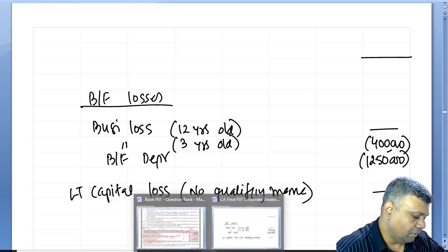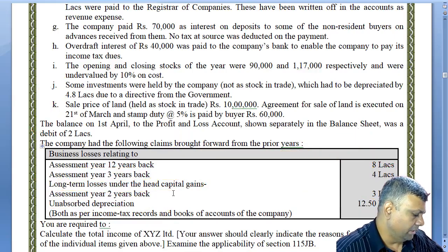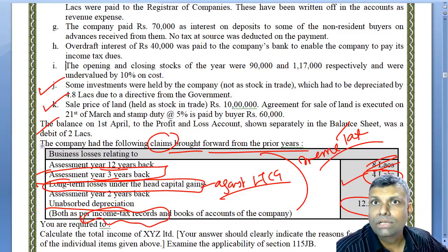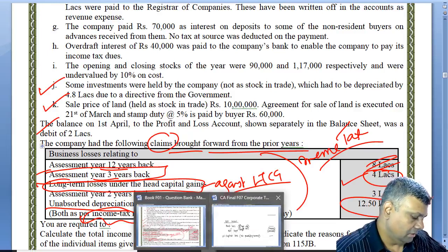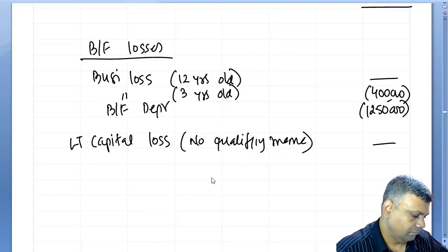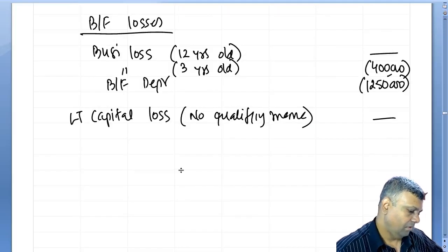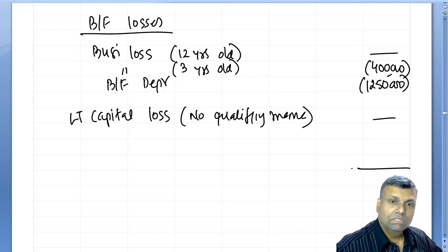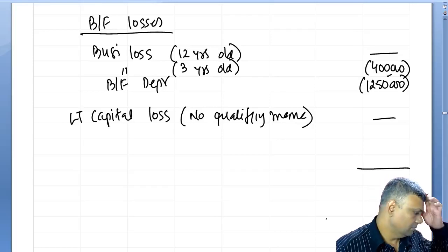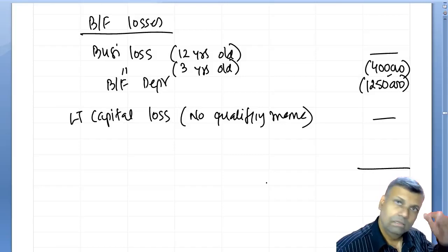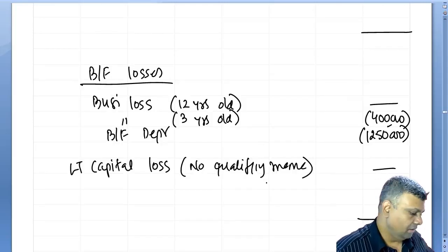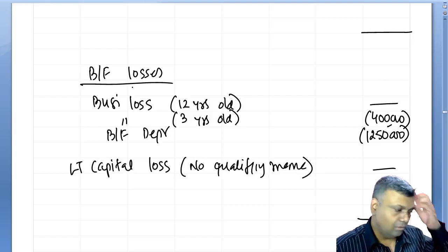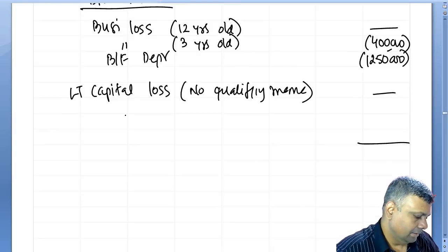Let me just check, I just forgot, friends. Is this long term printed? Long-term losses have been printed. So a long-term loss can be matched only against long-term income. So that is gone. Okay, so this is a total. Use your calculator, come on quickly.